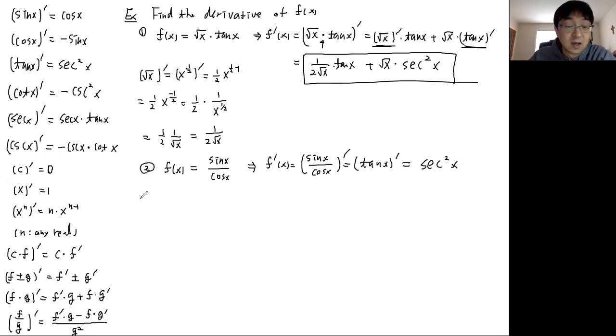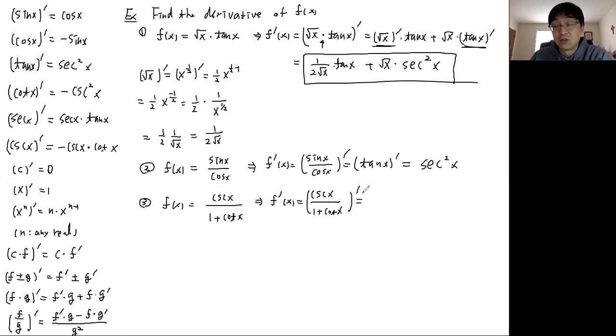The third example, the more complicated one: f of x equals cosecant x over 1 plus cotangent x. You need to find f prime of x. F prime of x is cosecant x over 1 plus cotangent x, prime.